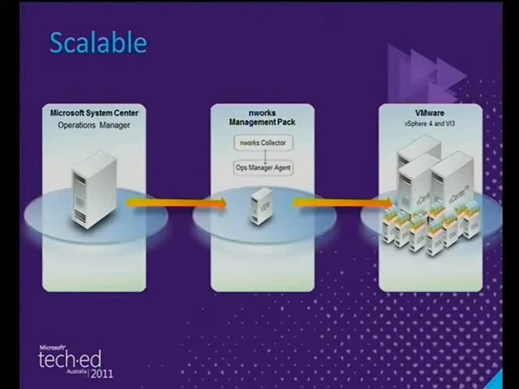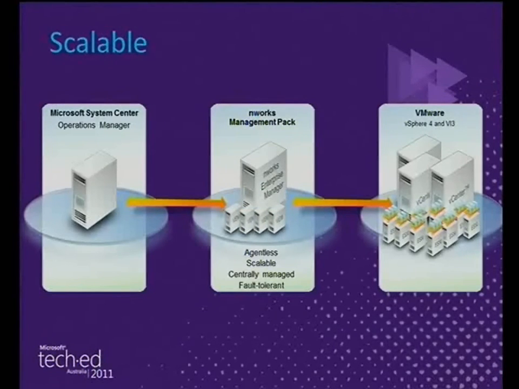The other cool thing that helps with scalability, because obviously there's a tipping point where the agent needs help, is that as the VMware environment grows, I can scale out. All I need to do is take that stateless layer of code and put it on other Ops Manager agents.